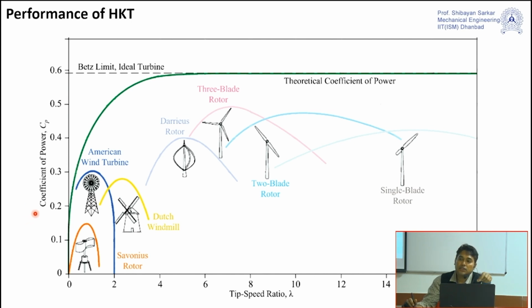Whenever you install this type of turbine, as you have already seen, the civil structure is minimal. When we are not using any civil structure, we are not hampering the environment. The flora and fauna present are minimally affected, so environmental impact is less.